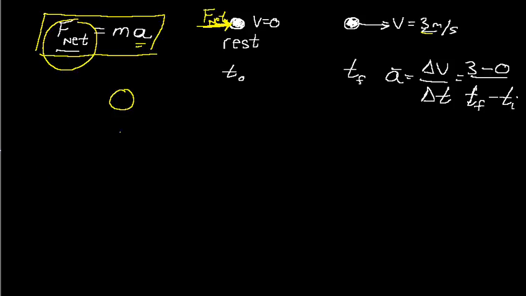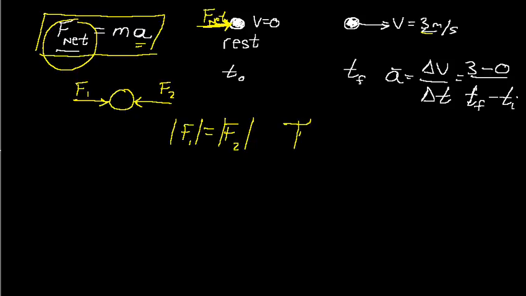If I just have an object sitting here like this, I have a force here, F1, in this direction, and another force here, F2, in this direction. If the magnitude of force F1 equals the magnitude of F2, and I'll show it with an absolute value sign, then the force net is 0, because they're in opposite directions.